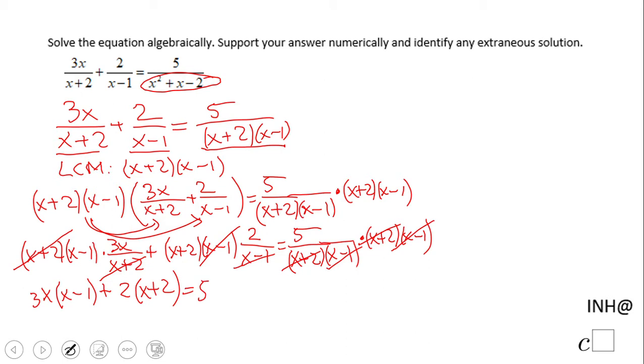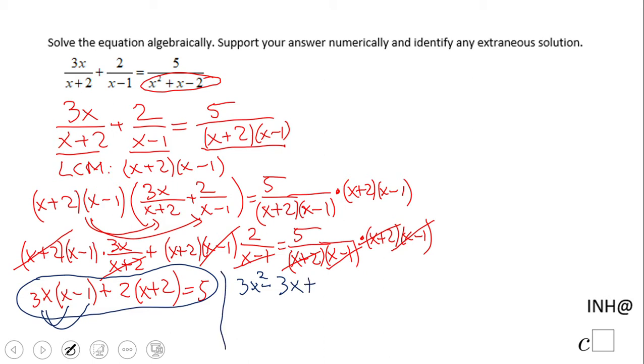Okay, so if you notice here, that rational equation is gone. We have an equation like this, which doesn't look bad. What do we have? In fact, we have 3x squared minus 3x, if we do the distributive property here, plus 2x plus 4 equals 5.